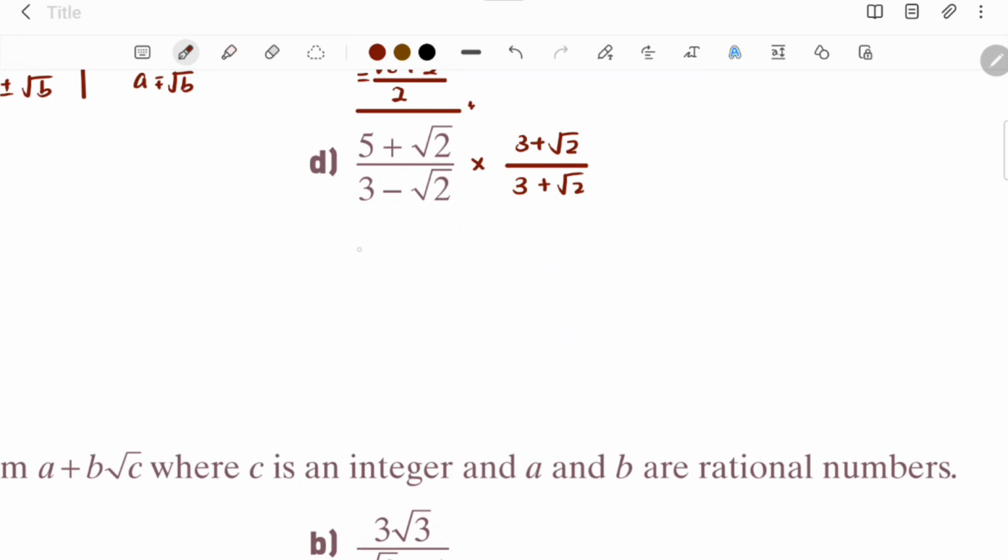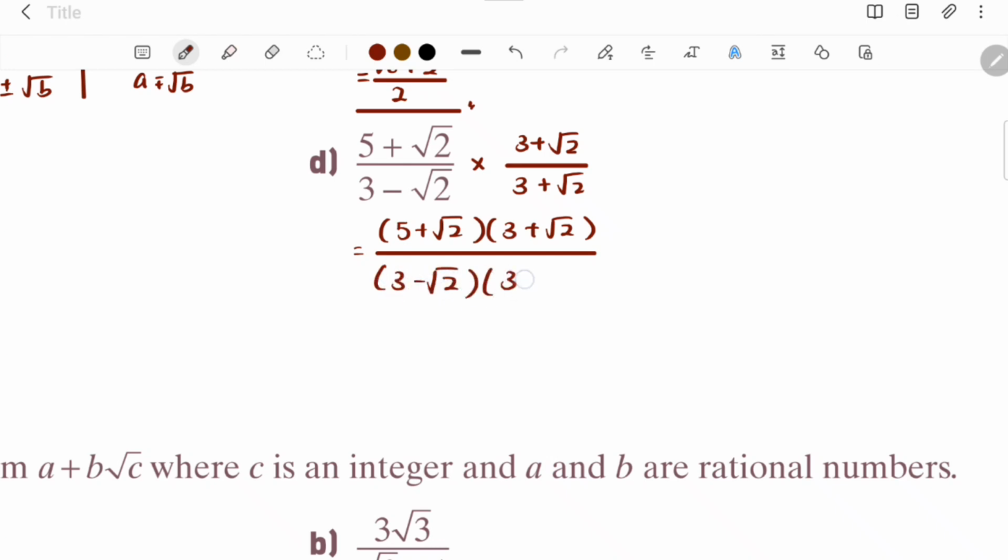So 5 plus root 2 bracket 3 plus root 2 over 3 minus root 2 bracket 3 plus root 2.